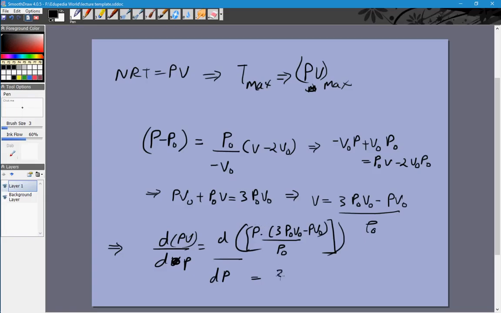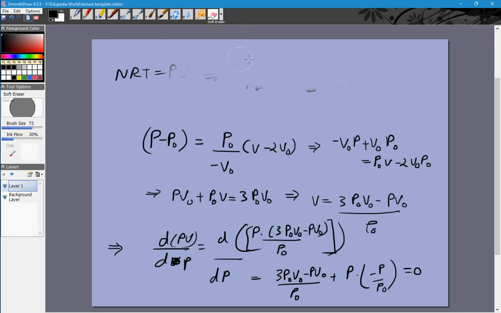Differentiation of the first term will give us 3 P naught V naught minus P V naught by P naught, plus the derivative of the second term will give us P times, this will be simply minus V naught by P naught, the derivative here, and this is equal to 0. So let's see what that gives us.